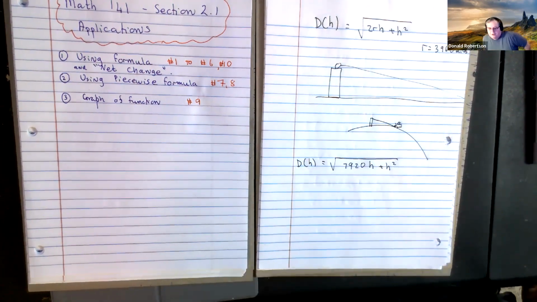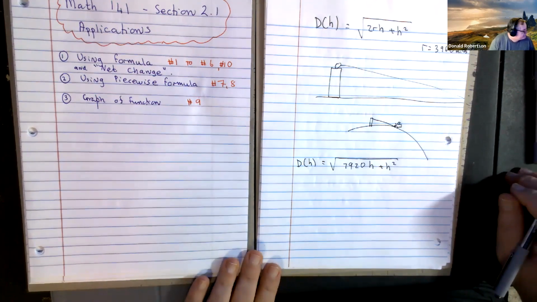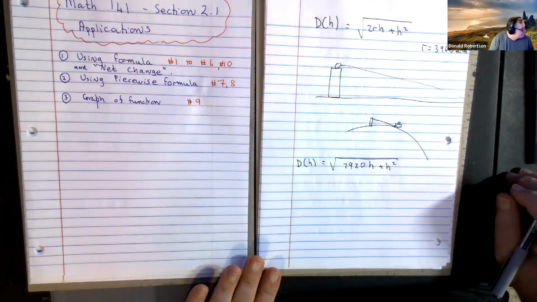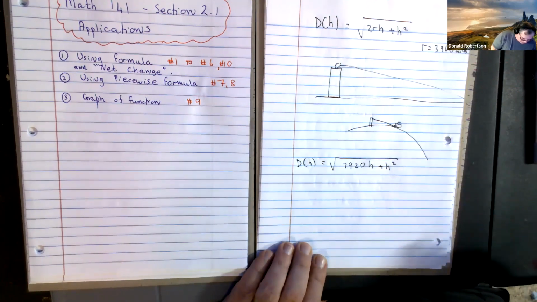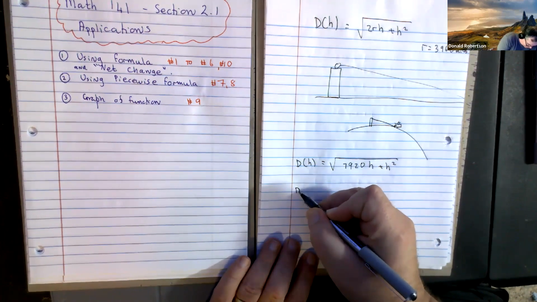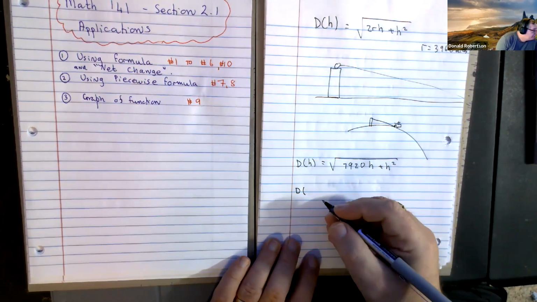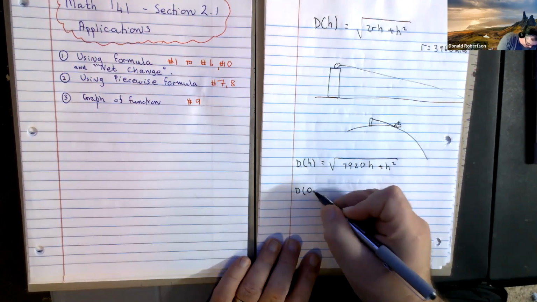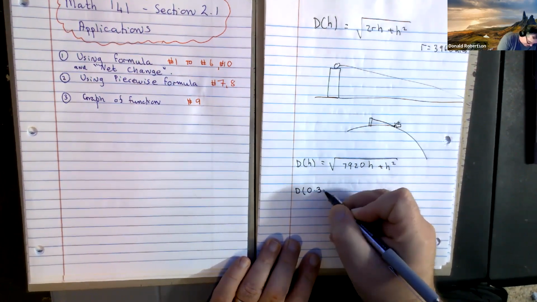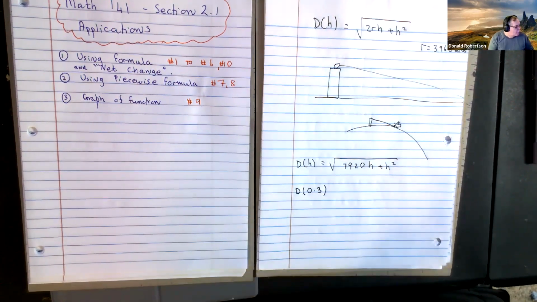So there's our formula with h's. And we are going to find the distance that you can see when the height is 0.3 of a mile.